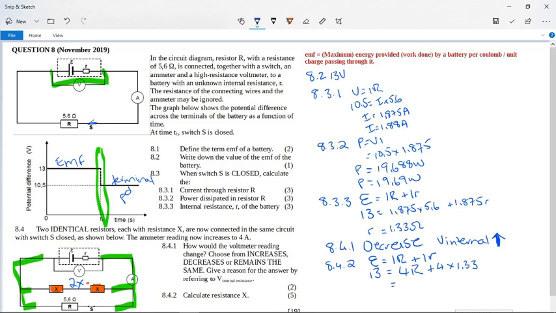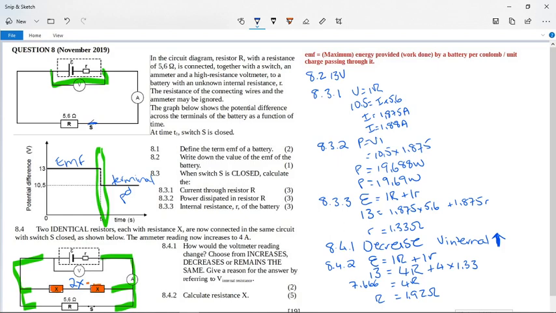So then by algebra here, 4 times 1,33 is like 5,33. So 5,33 from 13 leaves you with 7,666 equals 4R. So then R is going to equal 1,92 ohms. Okay, something like that if you put it all in your calculator.